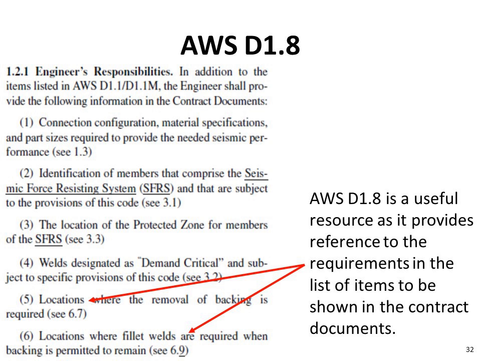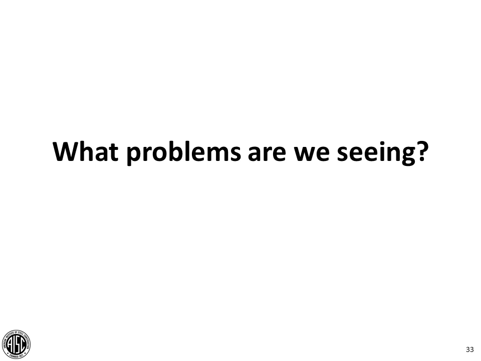And where this could come in handy is if an inspector is saying that the contractor's done something that's not complying with AWS D1.8, or you have some question from the contractor themselves about what they should or shouldn't be doing, you can go directly into that list, see what you've required, and then go into the more detail in the subsequent sections and try to see whether what they've actually done matches what was intended or not. So it's a pretty handy resource in that way.